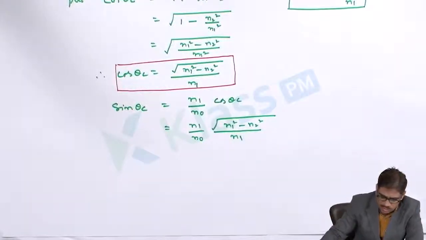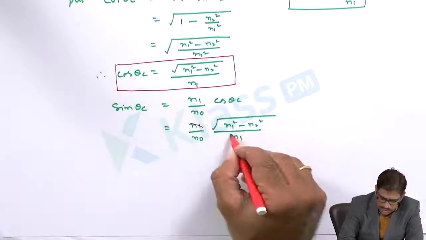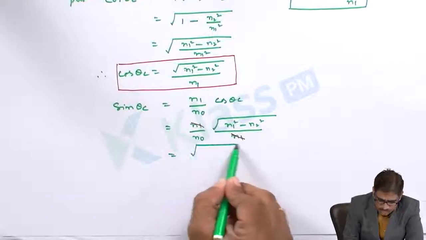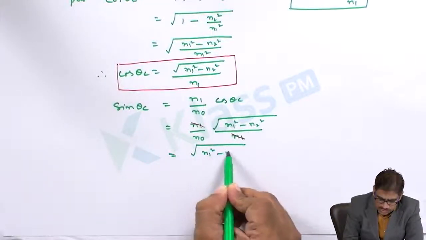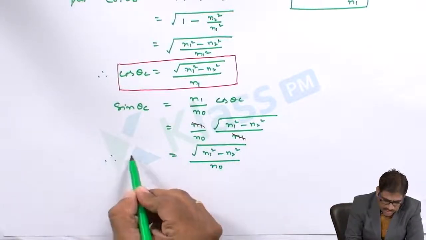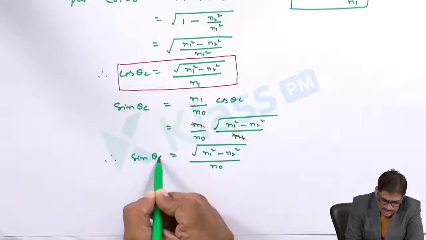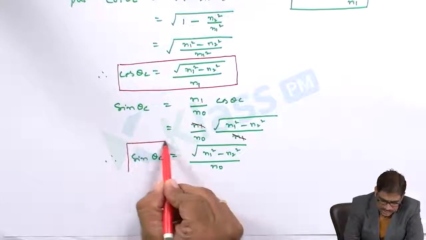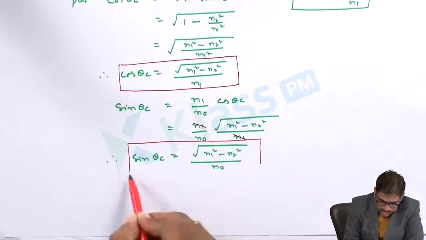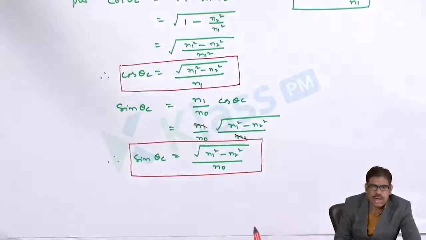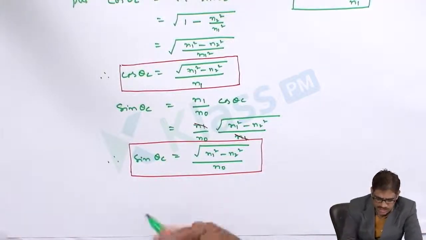Here both the n1 and n1 get cancelled, so the remaining factor is root of n1 square minus n2 square by n0. This is for sin theta c. So let us put it under a separate case here: sin theta c is equal to root of n1 square minus n2 square by n0. So this can be simplified as such.